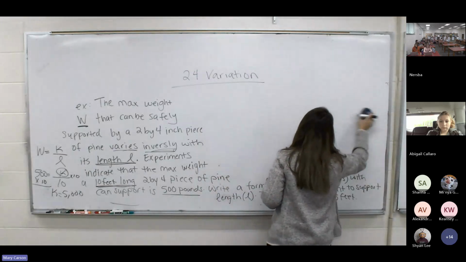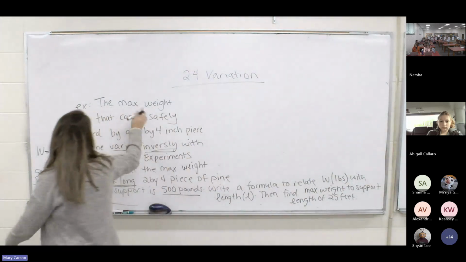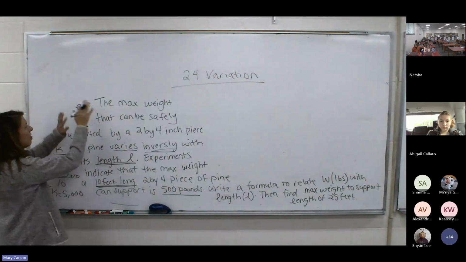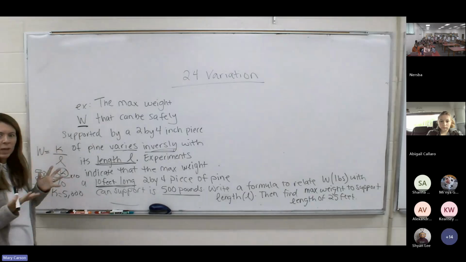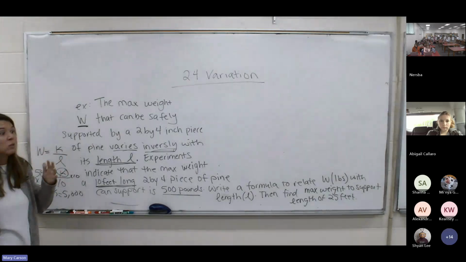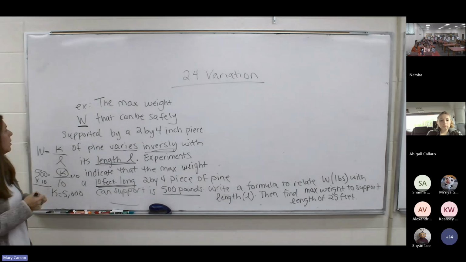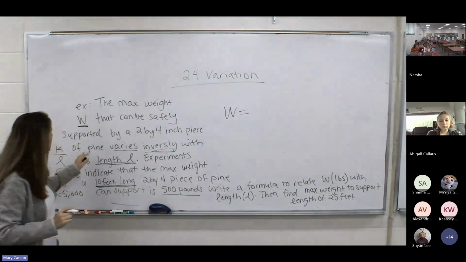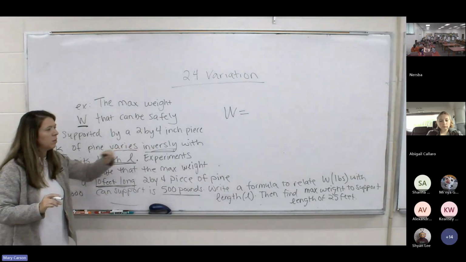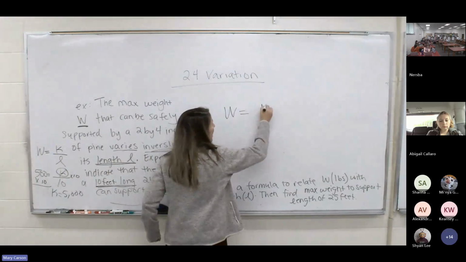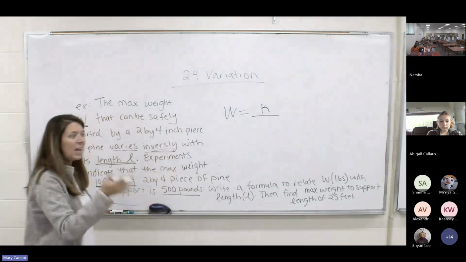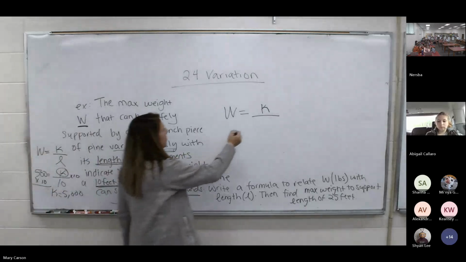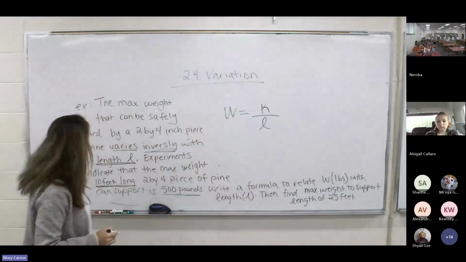All right, so again, let me talk about this. The max weight W that can be safely supported by a 2x4 piece of pine, that all goes together. We're talking about the weight, okay? We're talking about a 2x4 piece of pine, okay? The weight that can be safely supported, so we're doing W equals, and then it talks about it varies inversely. So that tells you K, and then you're going to divide, because we're talking about K inversely, we know that's division, with its length L. That's our first part.